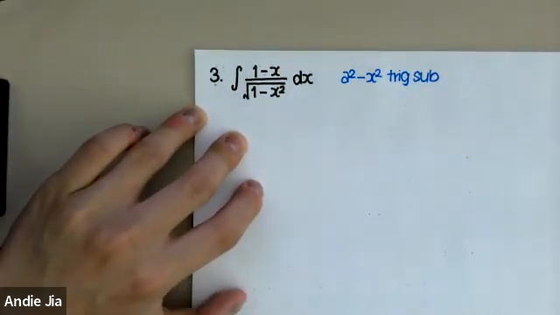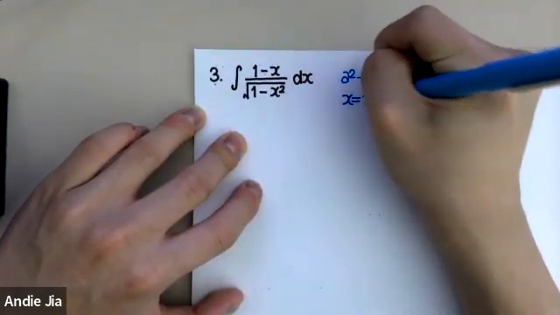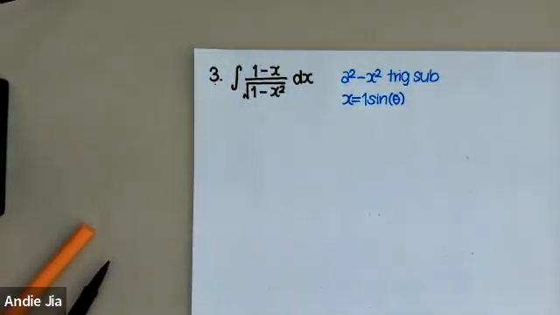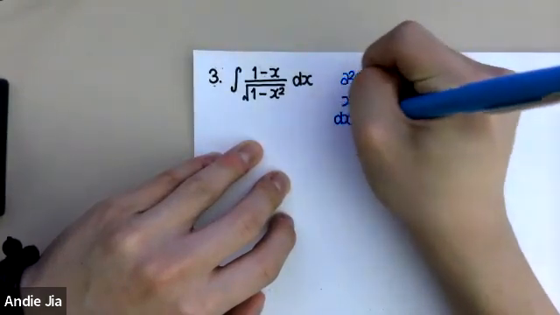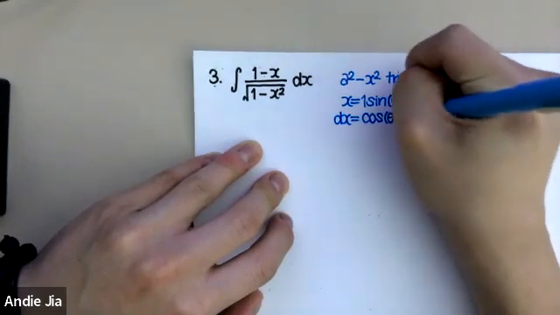So we let x equal to 1 sine of theta. Then do the trig sub, then dx is cosine theta d theta.